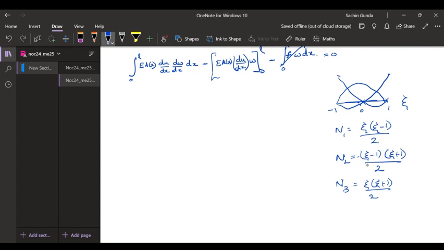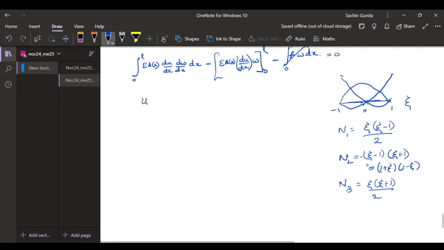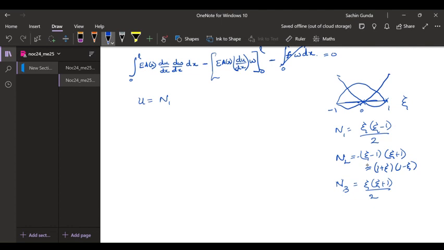There won't be any 2 in the second one because when we substitute 0, it will be 1. It's nothing but you can write it as (1 plus zeta) times (1 minus zeta). So these are the 3 shape functions for the second order approximation. So u will be N1 u1 plus N2 u2 plus N3 u3.